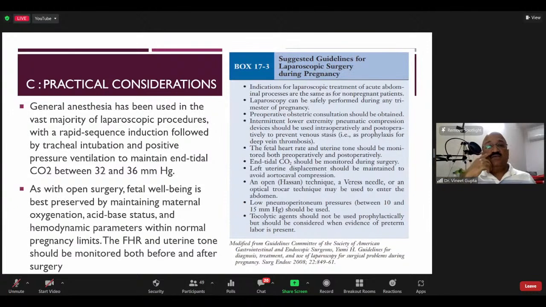General anesthesia has been used in the vast majority of laparoscopic procedures, with a rapid sequence induction followed by tracheal intubation and positive pressure ventilation to maintain end-tidal CO2 between 32 and 36.